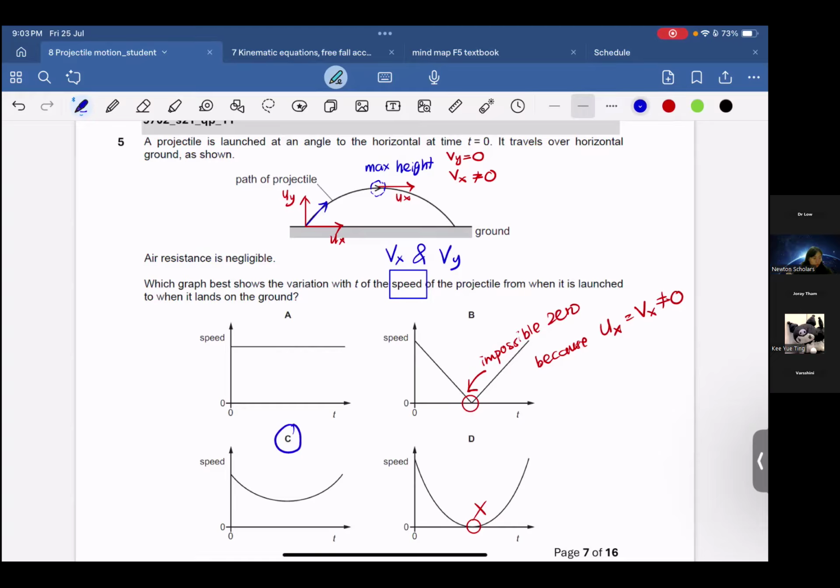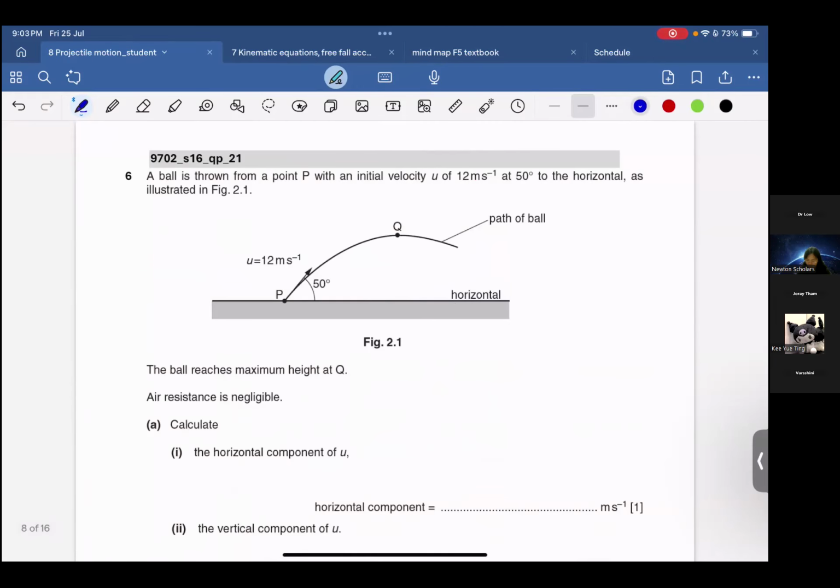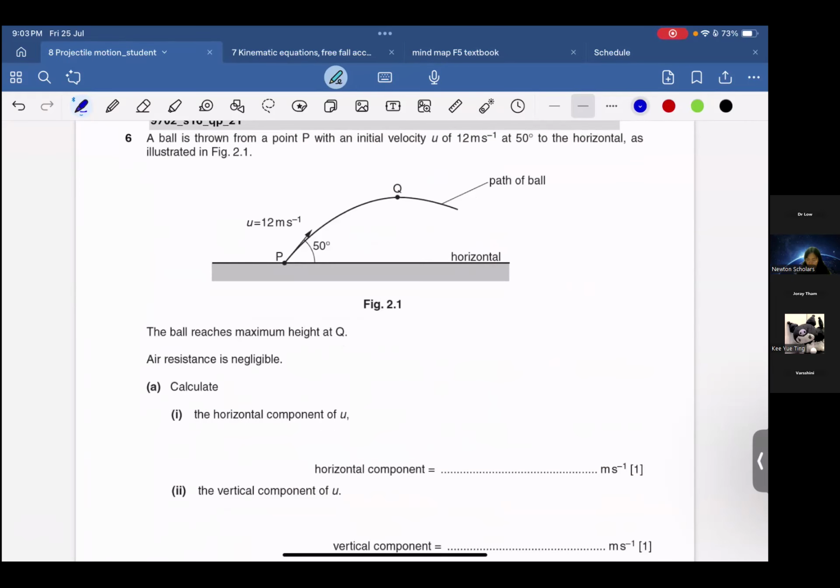Okay, boys and girls, we go to page number 8, question number 6. Let me see, Vito, C, correct, Vito. Next question, boys and girls, easy. Number 6A, find the horizontal component of U and find the vertical component. Type your answer in the chat box.